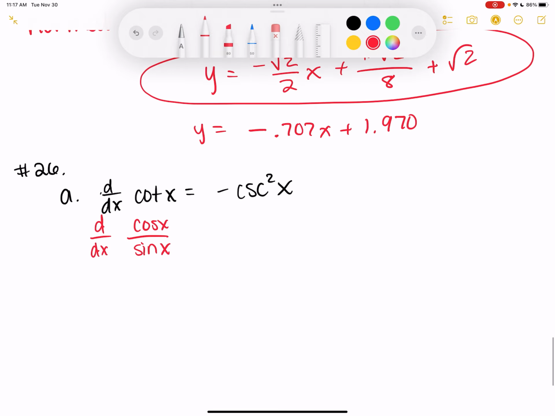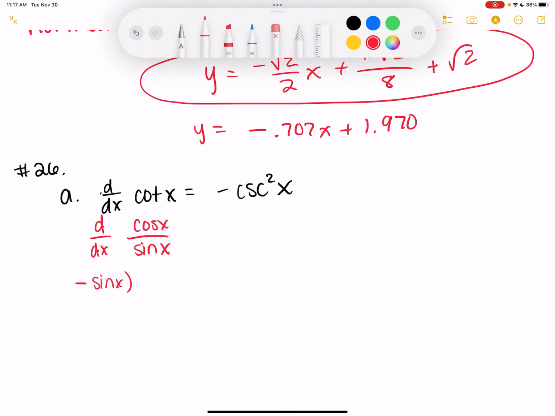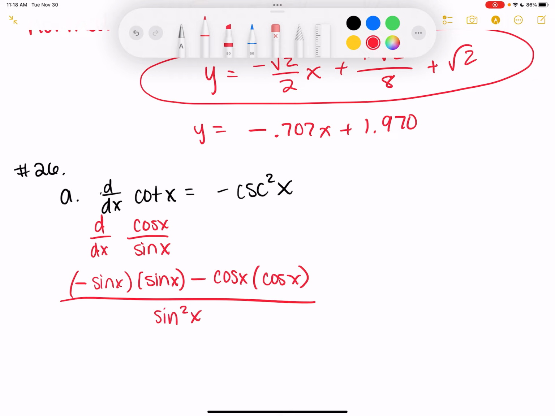Quotient rule. So it's going to be the derivative of the top, which is minus sine of x, times the bottom, which is sine of x, minus the top, cosine of x, times the derivative of the bottom, which is cosine of x, all over the bottom squared, so sine squared of x.